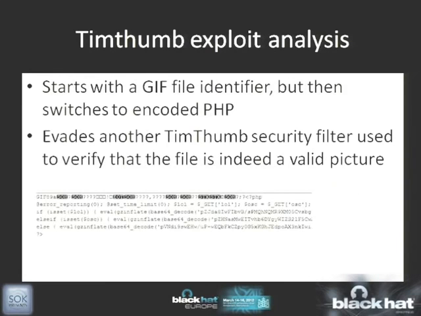And if we take a look at the shell code, we can see it starts with a GIF 89 header, which is the GIF file identifier, but then switches to encoded PHP.